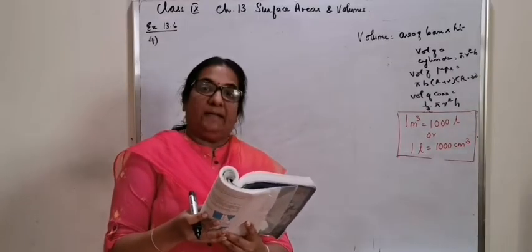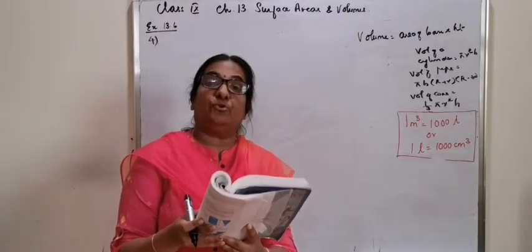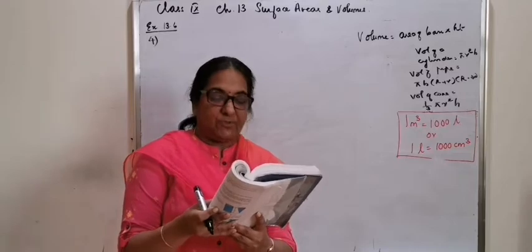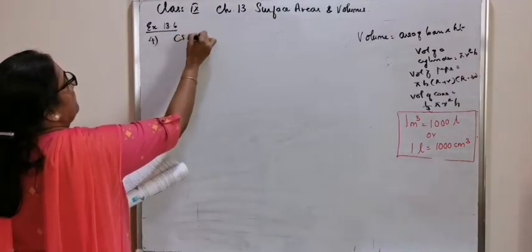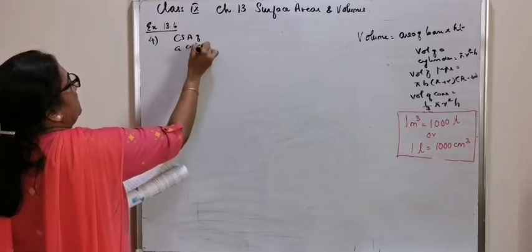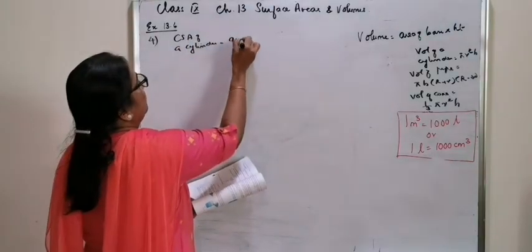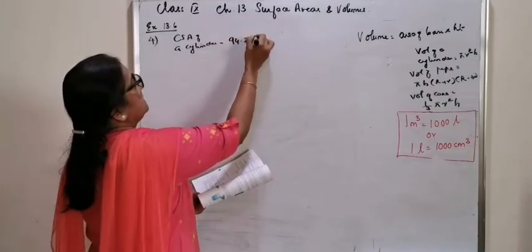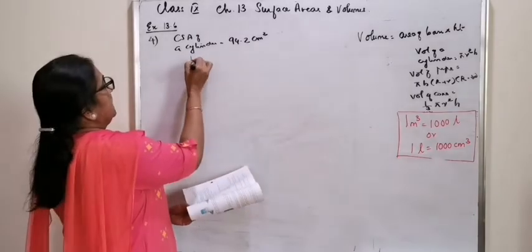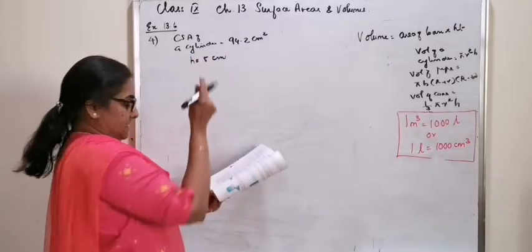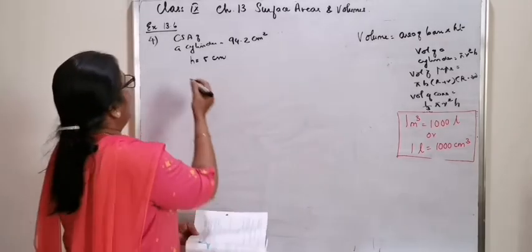Question number 4. If the lateral surface area of a cylinder, lateral surface area or curved surface area of a cylinder, is equal to 94.2 centimeter square and height is 5 centimeter, find the radius of its base and its volume.